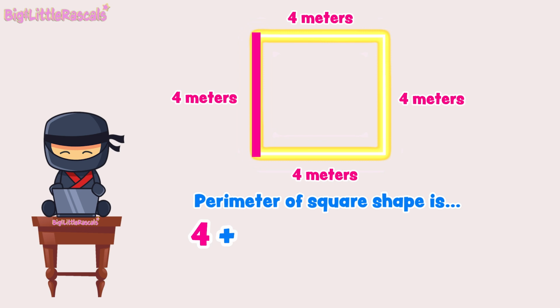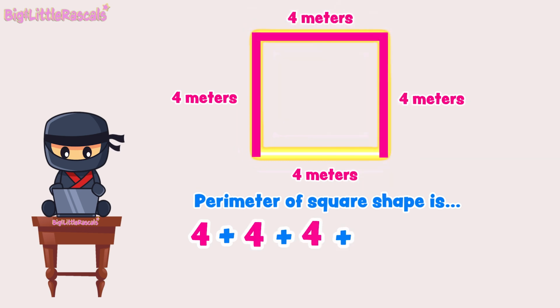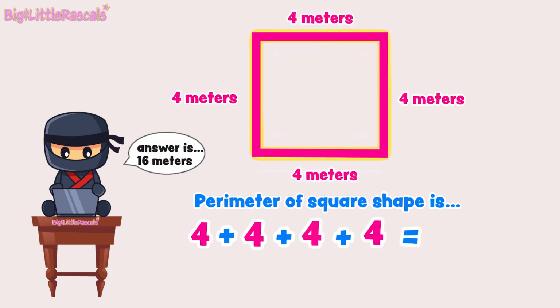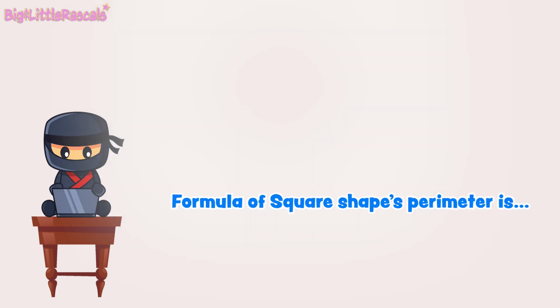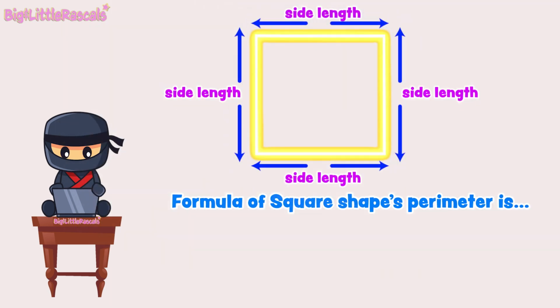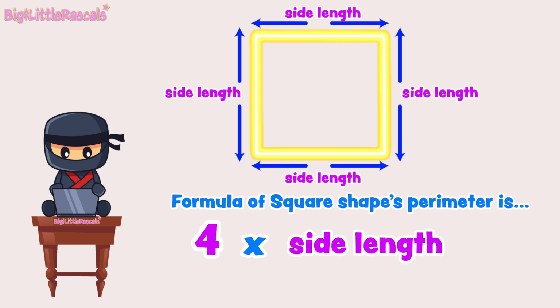Four plus 4 plus 4 plus 4 equals 16 meters. Or if we use multiplication, then 4 sides of 4 meters equals 4 multiplied by 4 meters equals 16 meters. So the formula for square shape perimeter is 4 times side length.